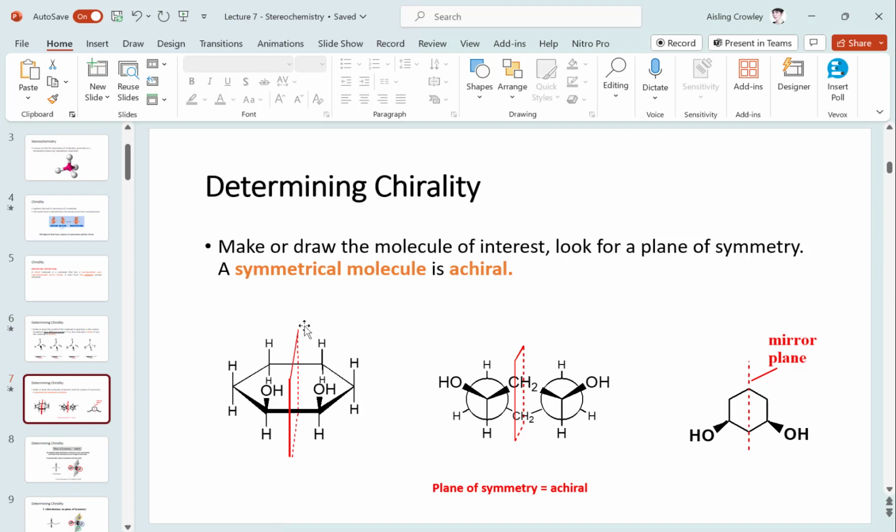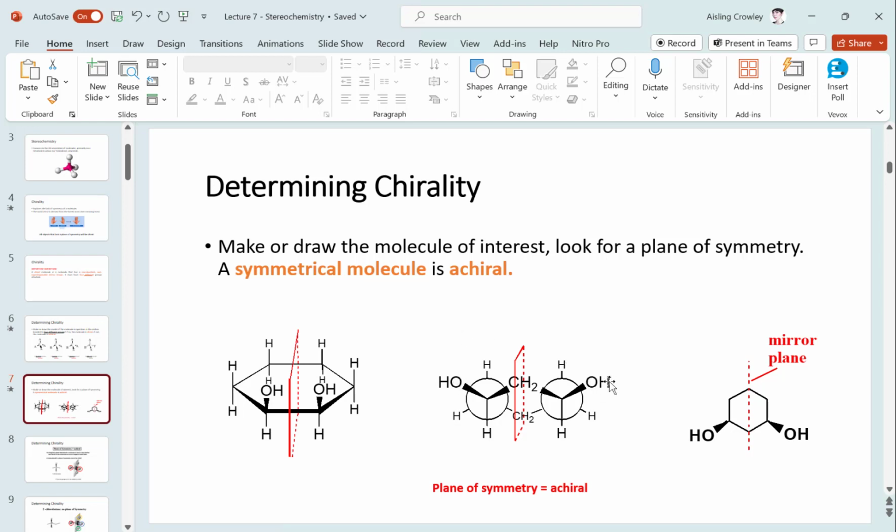So when we have a molecule like this, okay, if we just draw an invisible line down the centre, if we can fold the left side and the right side over together like a book and everything lines up properly and perfectly, it is achiral because it is symmetrical. And sometimes that's more obvious to us, okay? So in these examples here, okay, particularly in this middle and this one here, we can fold them over perfectly and we know they're going to align perfectly.